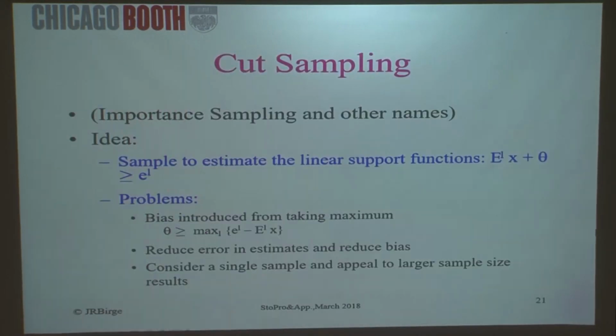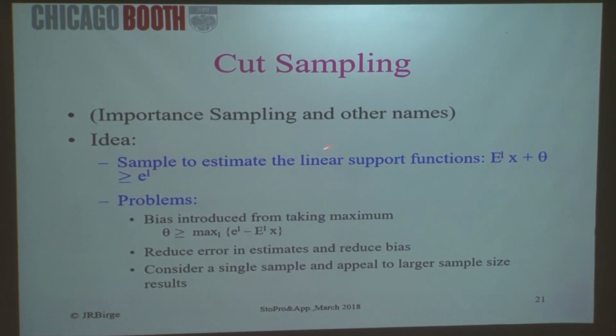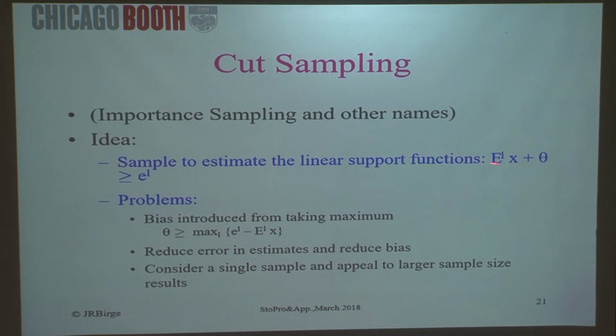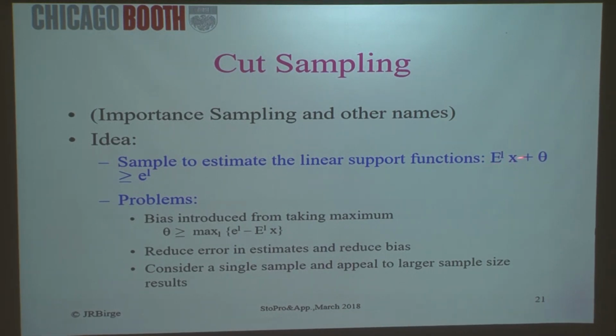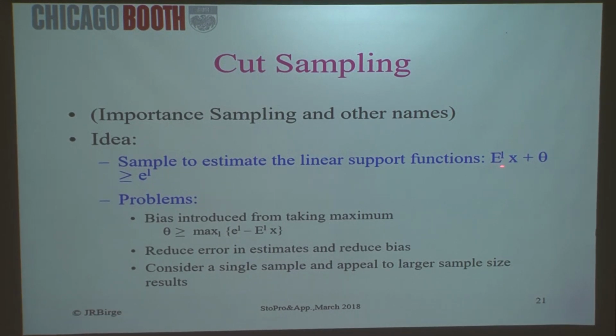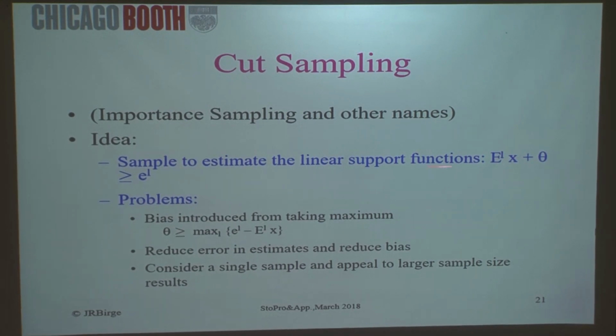What you could do is just to sample the random parameters, and then create approximate cuts, because they're sampled, like in that decomposition method.